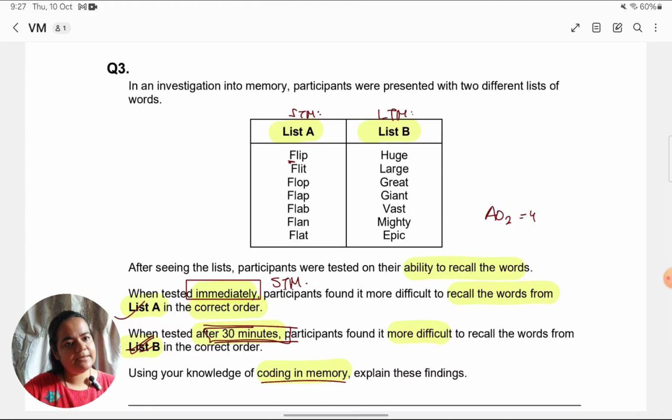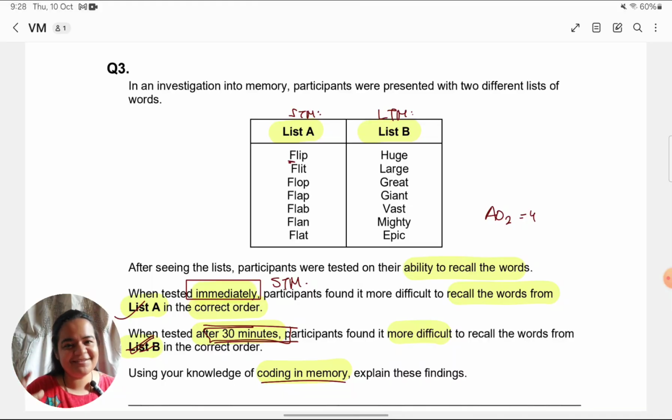Now let's look at the list from that point of view. From a semantic coding point of view, why might it be difficult to remember? If we look at the words huge, large, great, giant, all indicate the same thing. All have a similar, we won't say the same, but similar base meaning. They all are referring to some sort of size, big size, or we can say bigness.